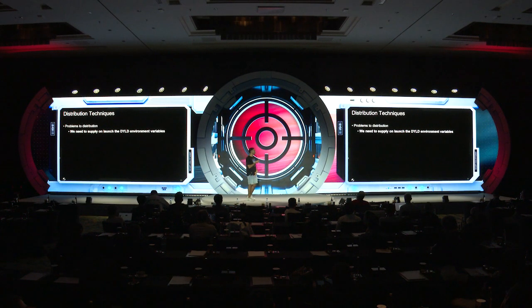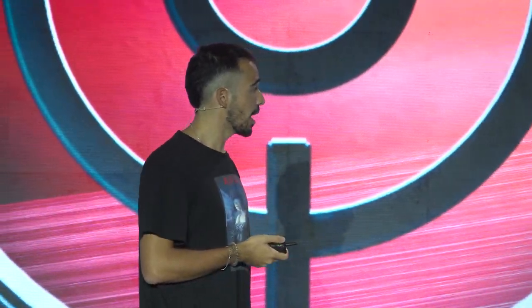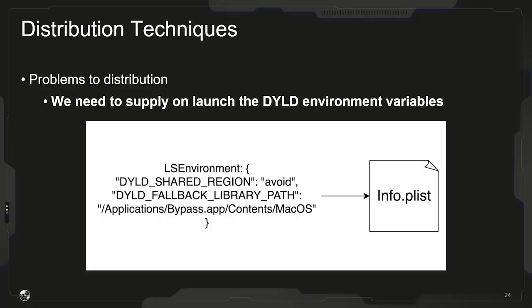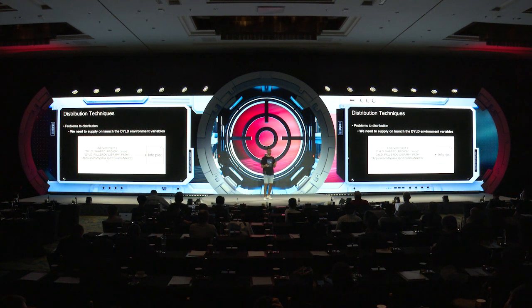Luckily, or unfortunately, this is quite easy for an application, because Launch Services, the service that handles launching applications when you double-click on them in macOS, supports in the Info.plist file a specific key named LSEnvironment where you can set whatever environment variables you want, and they will automatically be added to the environment of the application when it runs.